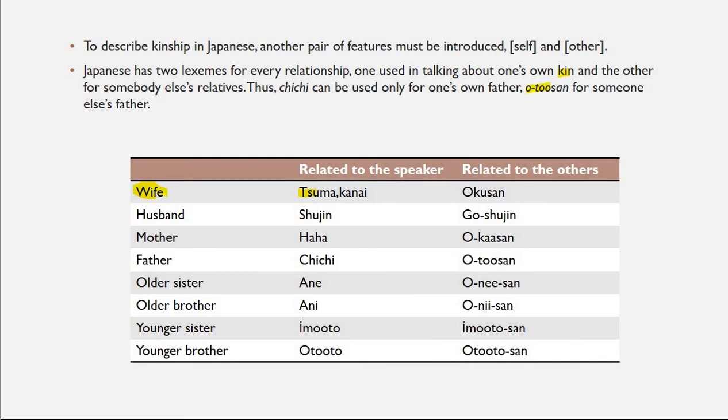But if it is related to other people, you see that the word for wife turns into another word and becomes okusan. You see that the husband, for the relative of the speaker and for the relative of other people, all these relatives are used with two different categories according to self and according to other people.